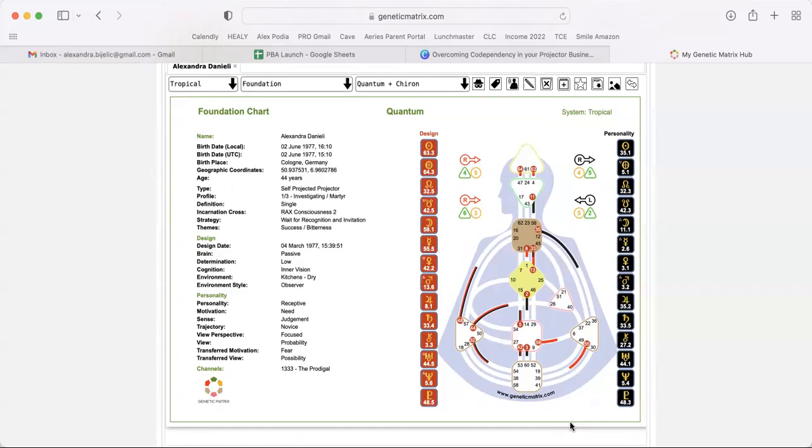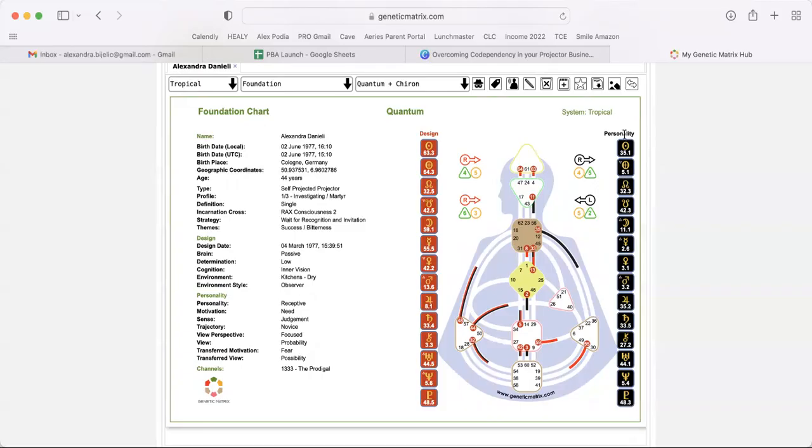So next, we have the incarnation cross. You will find that written somewhere on your chart, depending on which software you use. Here it is, for me, the Right Angle Cross of Consciousness 2. So this is very much, especially around the time that I'm born. My son, for example, is born 3 days after me.